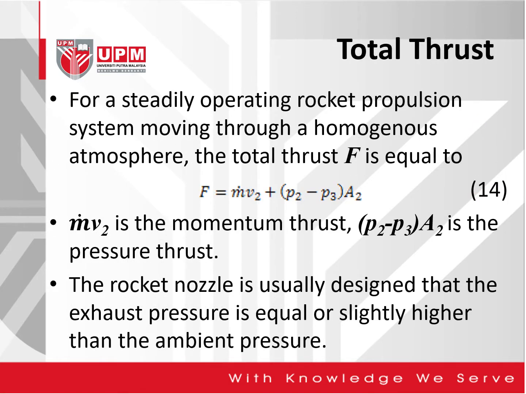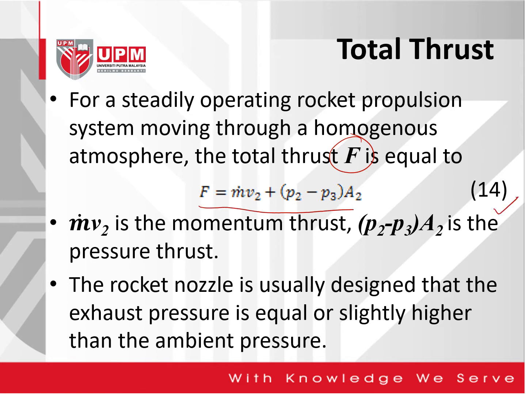When we talk about total thrust, for a steadily operating rocket propulsion system moving through a homogeneous atmosphere, the total thrust F is equal to expression 14.